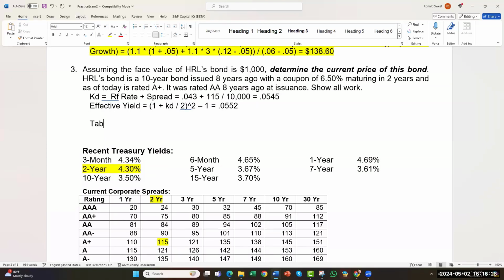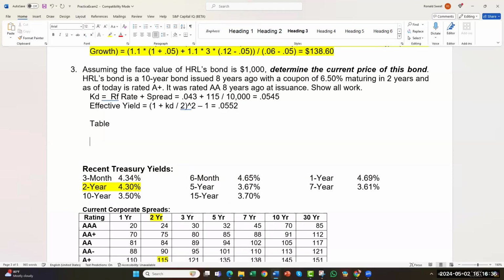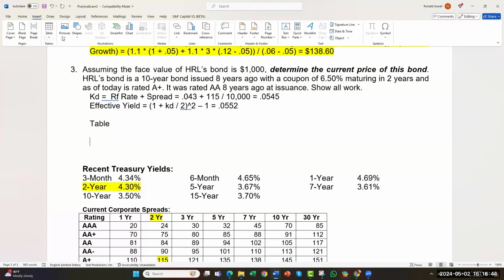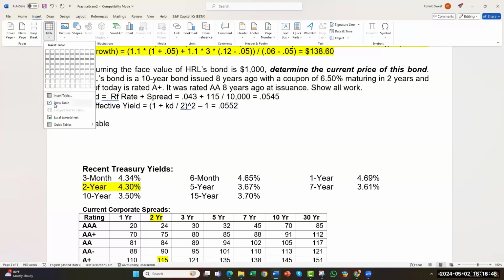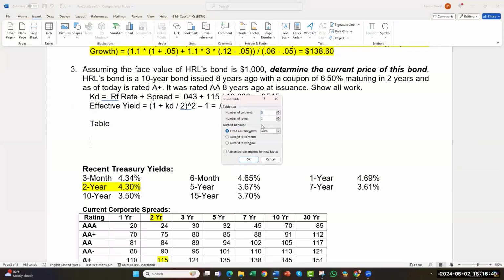All right, so we got to do the table. Your calculator will give it to you with the PV function, so there are ways to test it. I gave you the ridiculously long formula, but with the table, you've got time. So we need time, cash flow, discount factor, and discounted cash flow.